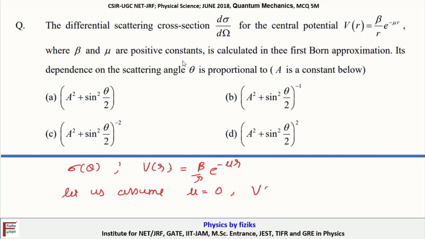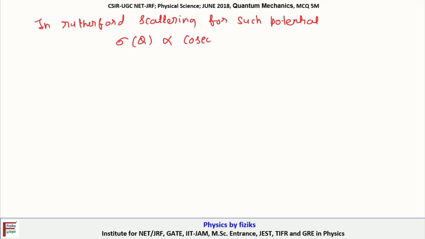In that case, V of r is reduced to beta by r, that is Coulombic potential, and in Rutherford scattering, for such potential, sigma theta is proportional to cosec to the power 4 theta by 2, or 1 by sin to the power 4 theta by 2.